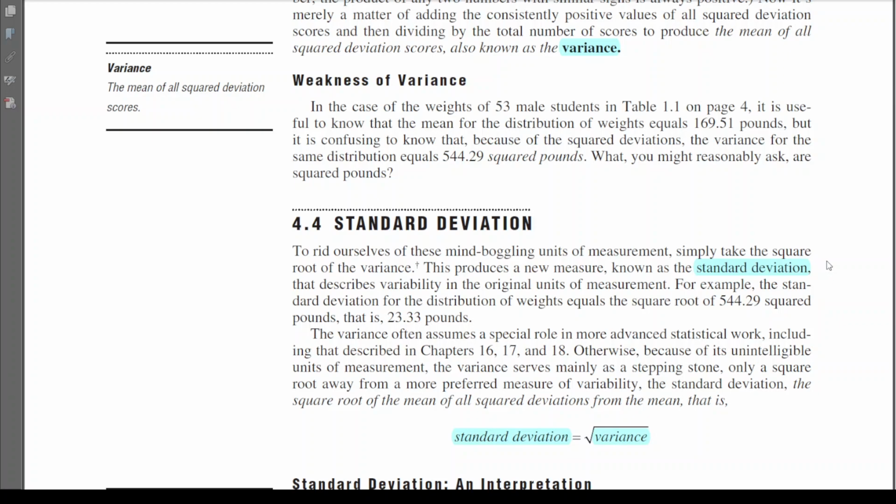This produces a new measure known as the standard deviation that describes variability in the original units of measurement. For example, the standard deviation for the distribution of weights equals the square root of 544.29 squared pounds, that is 23.33 pounds. So when we take the square root of the variance, we get back to the original units of measurement, and it gives us a much more understandable metric.